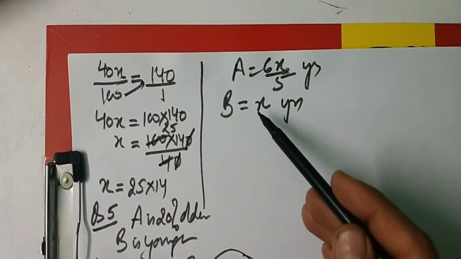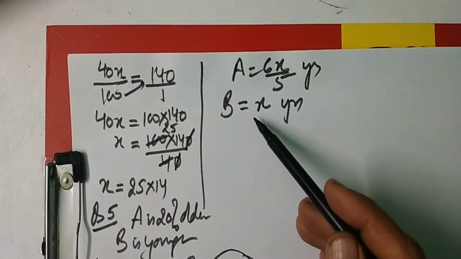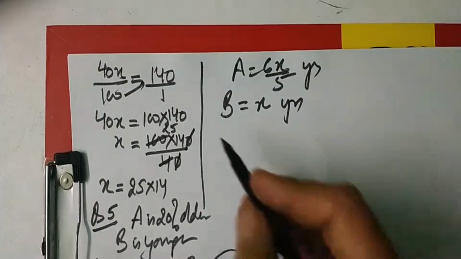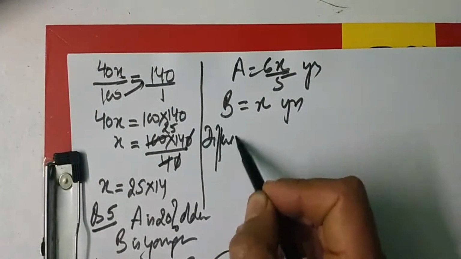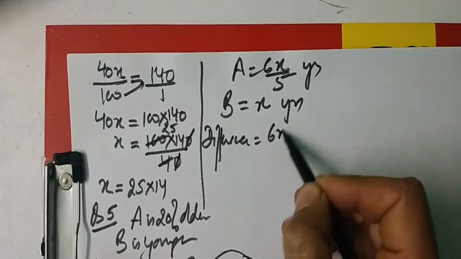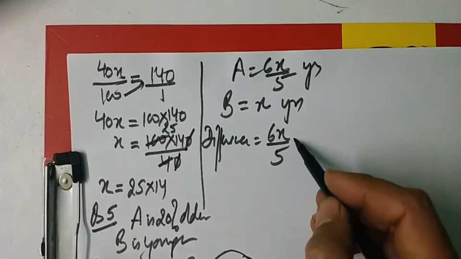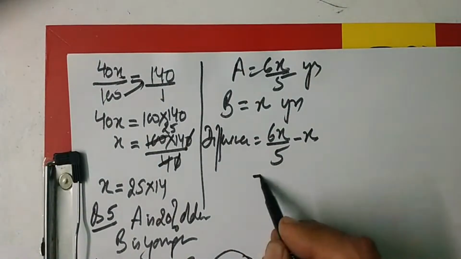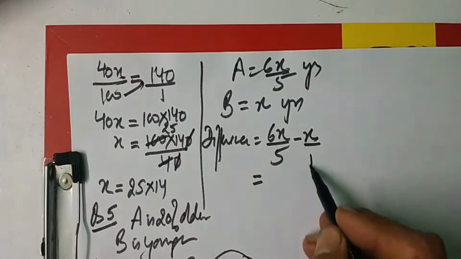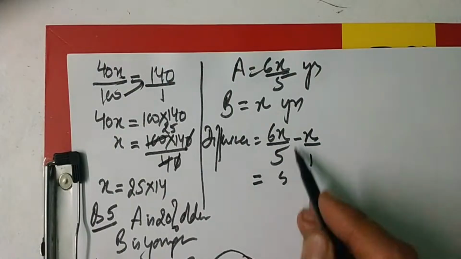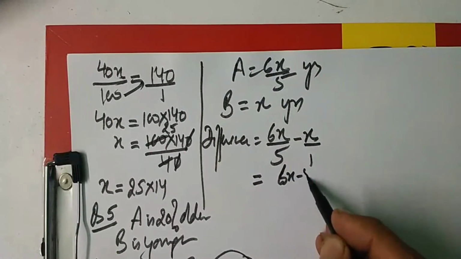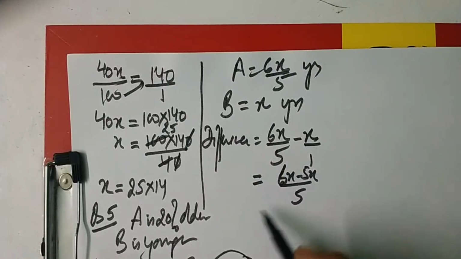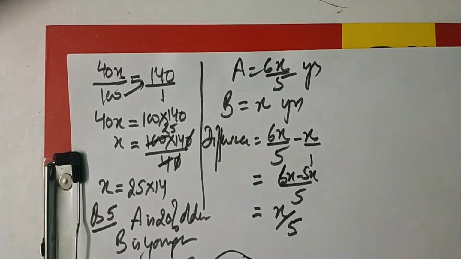By what percent is B younger? So what is the difference? It will be 6x upon 5 minus x, because this is more. So when you take the LCM, it will become 6x minus 5x upon 5, which is x upon 5.